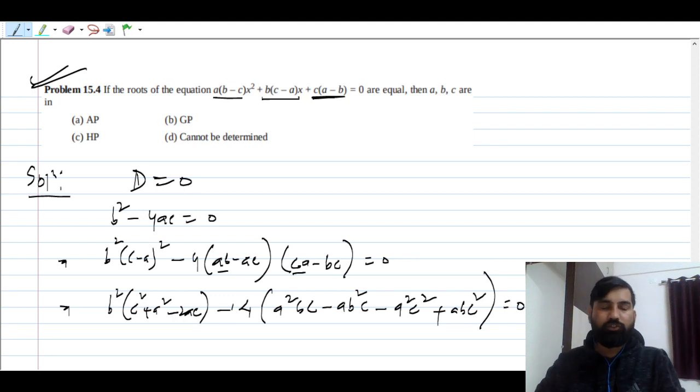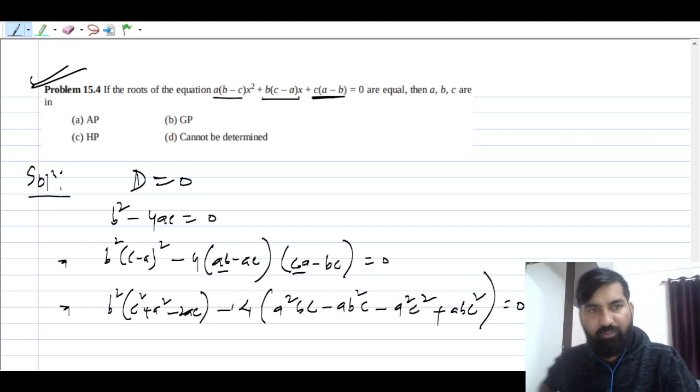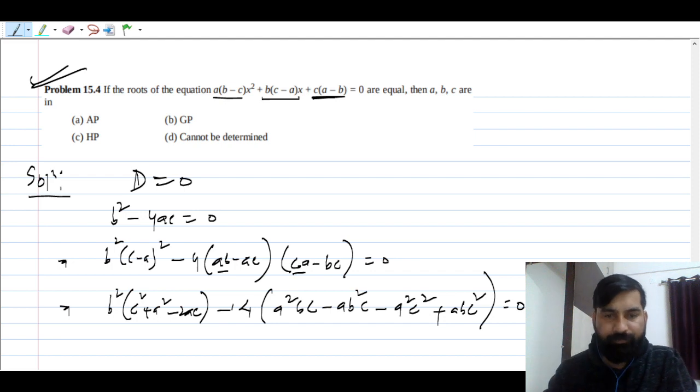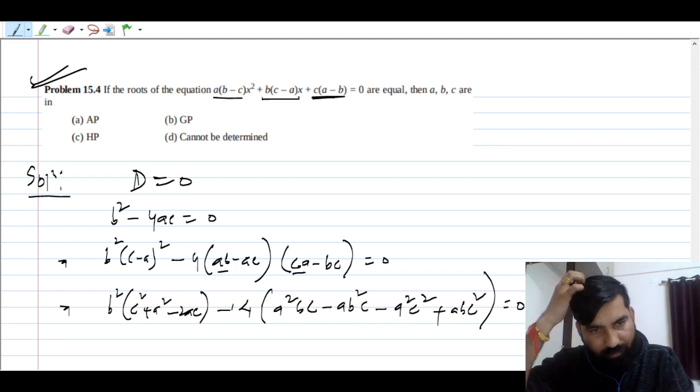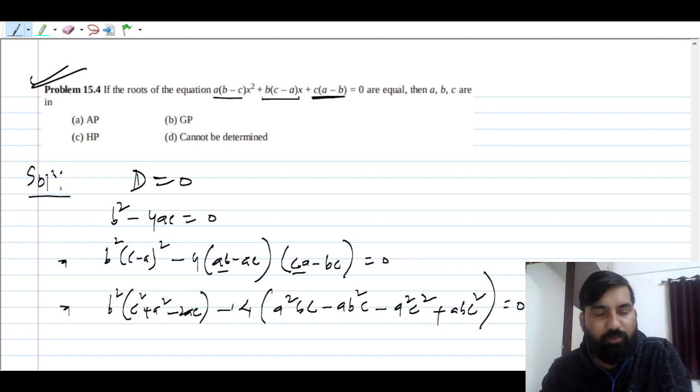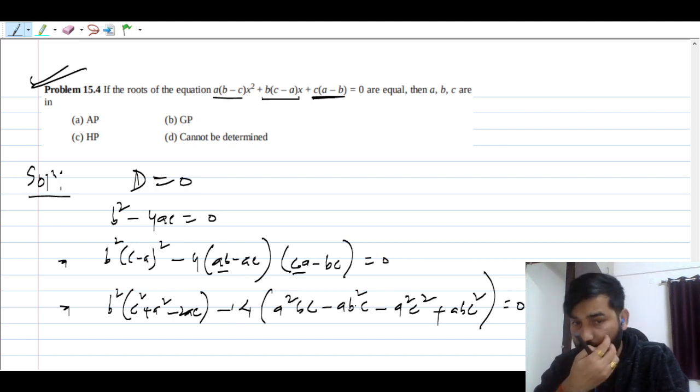Fine. So if you simplify this, you can cancel something here, right?